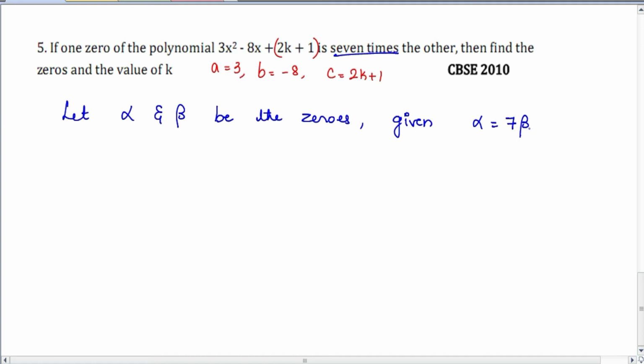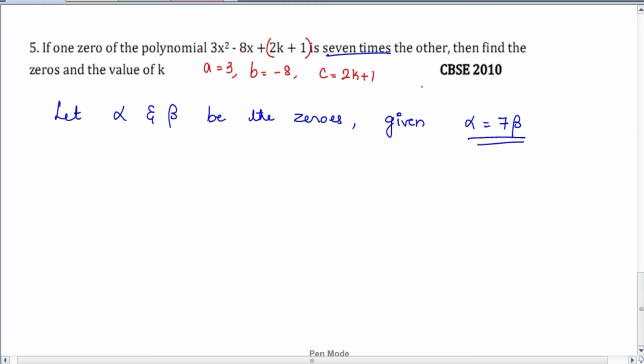So if beta is one of the zeros, alpha is 7 times beta, or you can write beta equals 7 times alpha. Anything you can write. I will take this now. Now find the zeros and value of k is given. Now it is easy to find. Again we can take sum and product and we can find out the answer.